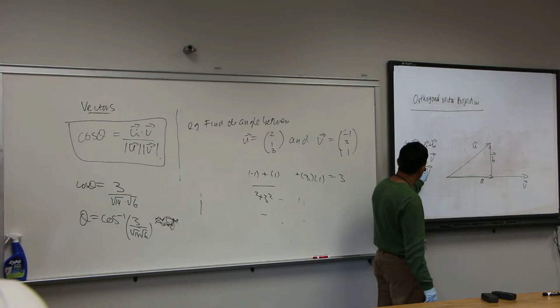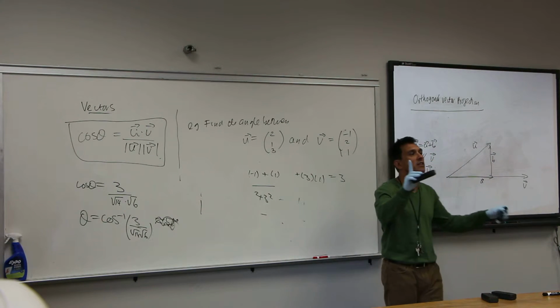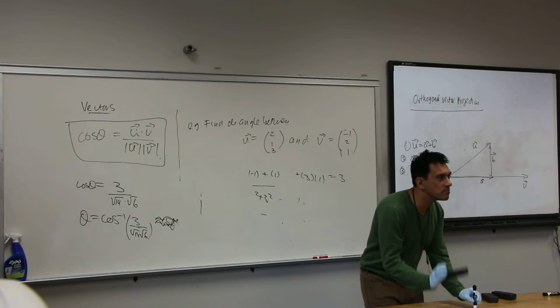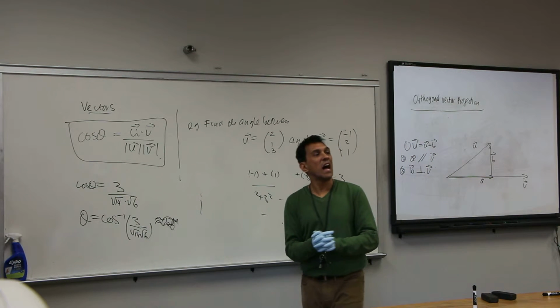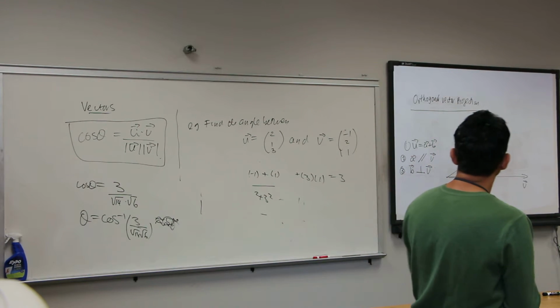Now here is the problem. How do I assure that A is parallel to V?